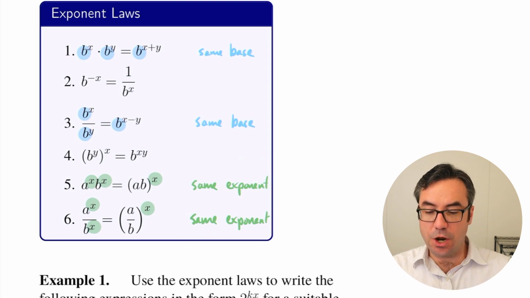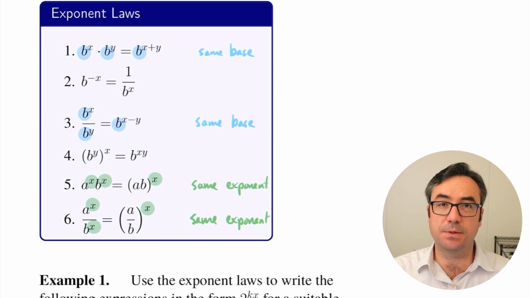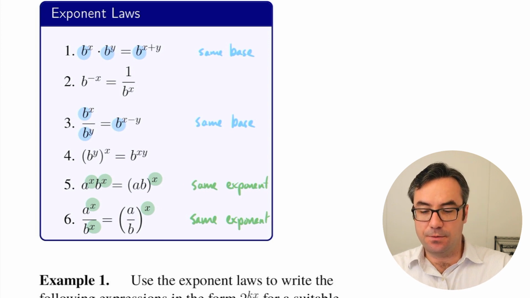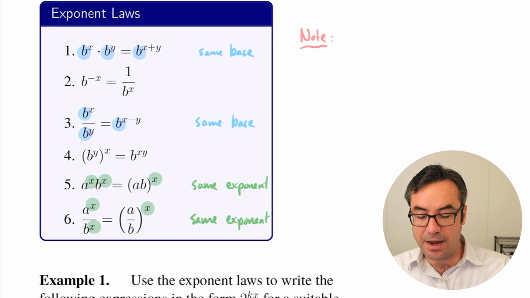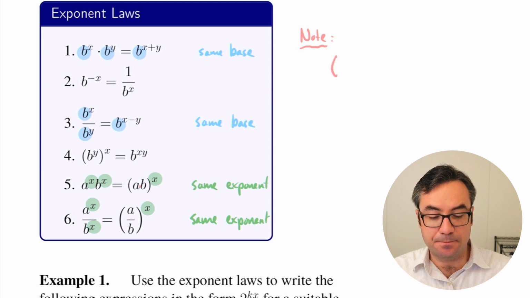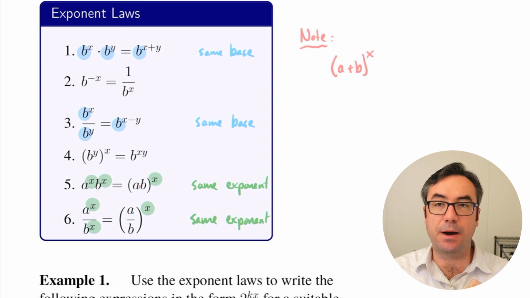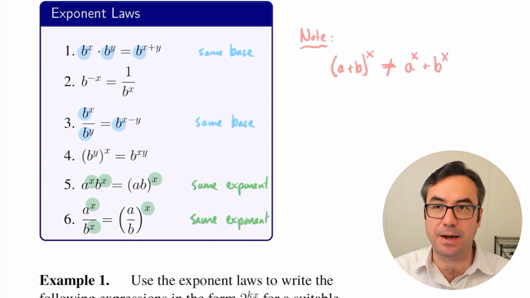Now, one important thing to note, and it's always tempting, is that these last two properties only work for multiplication and division. If, for instance, rather than having a times b like we have down here, we had a plus b all raised to the power x, that does not usually equal a raised to the power x plus b raised to the power x.